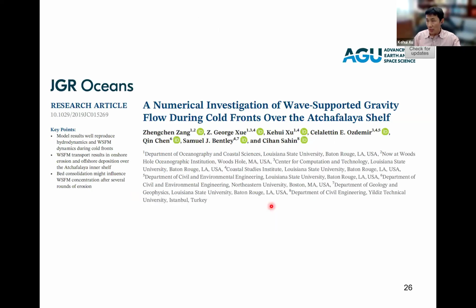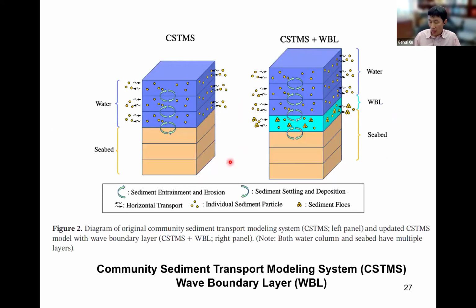Okay, after this, let's take a look at another study. We collaborated with Dr. Zhengchen Zhang, George Xue, and many others to study the fluid mud process. We look at wave-supported gravity flow, and in this modeling effort, Dr. Zhengchen Zhang added a new layer, a wave boundary layer right between the water-sediment interface.